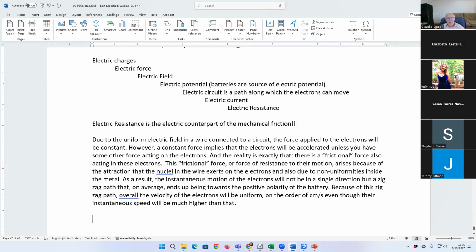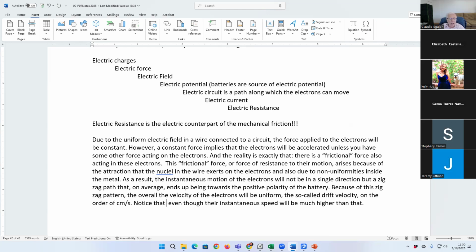Because of the zigzag pattern, the overall velocity of the electrons will be uniform, the so-called drift velocity, on the order of centimeters per second.